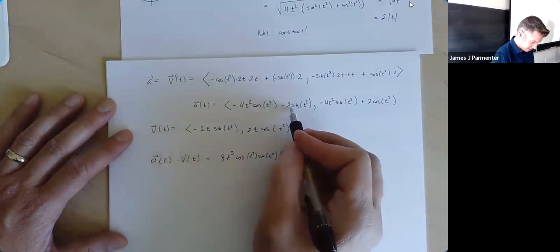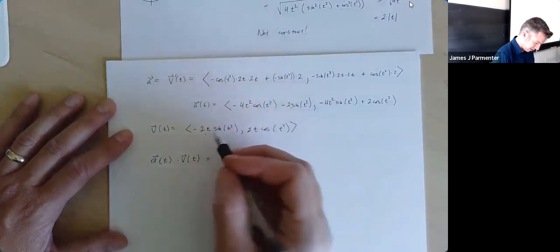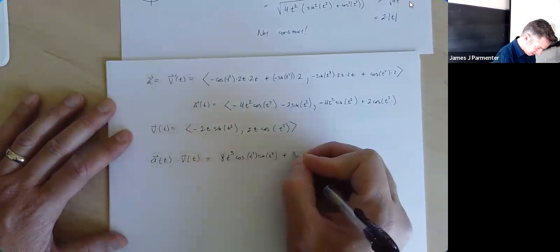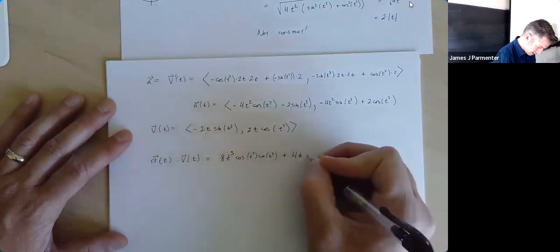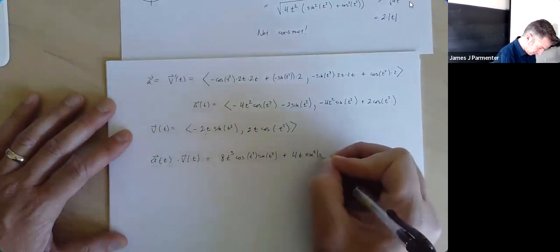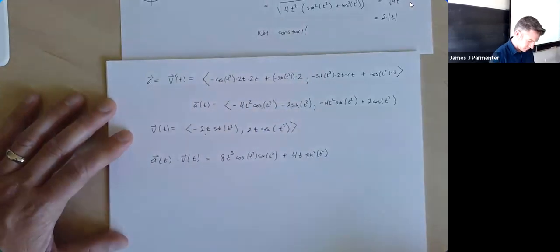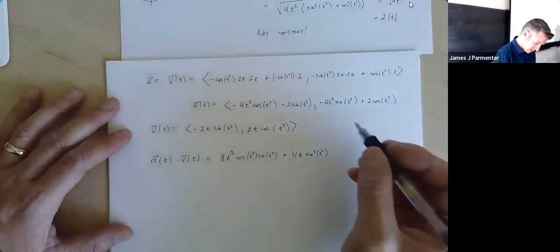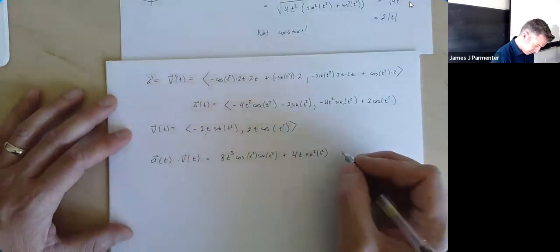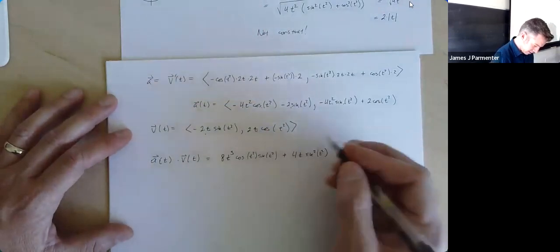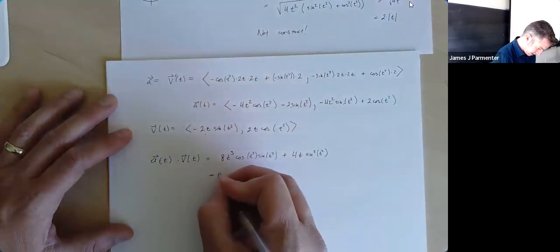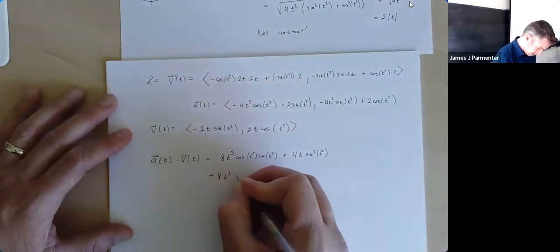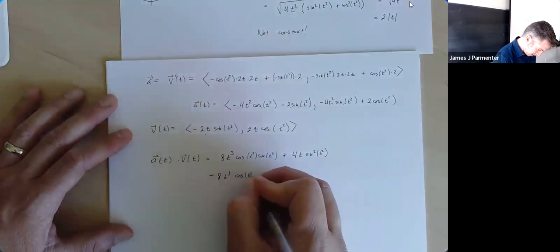Negative 2 sine of t squared times negative 2t sine of t squared is going to give me plus 4t sine squared of t squared. Okay, I've dotted the first components together. Now let's do the second components. So this with this is going to give me minus 4t squared times 2t, minus 8t cubed cosine of t squared sine of t squared.